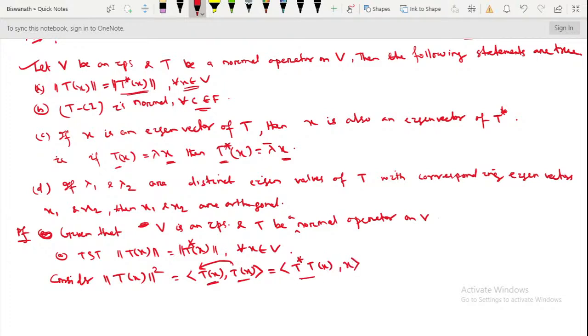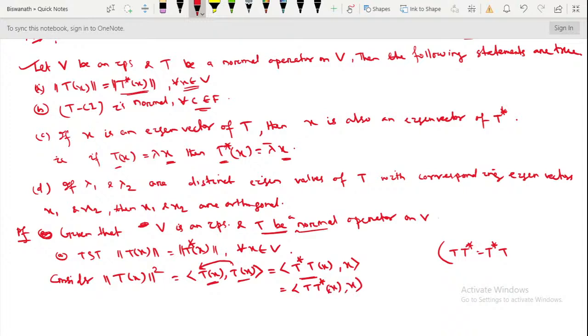And what is T star T? It is given that T is normal. So since T is normal, we know T star T is equal to T T star. Okay, since T is normal, in place of T star T, I can write T T star of x comma x.